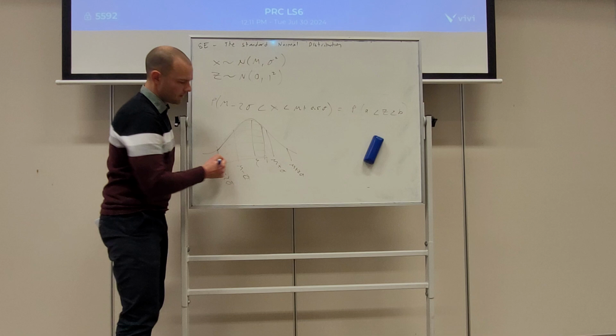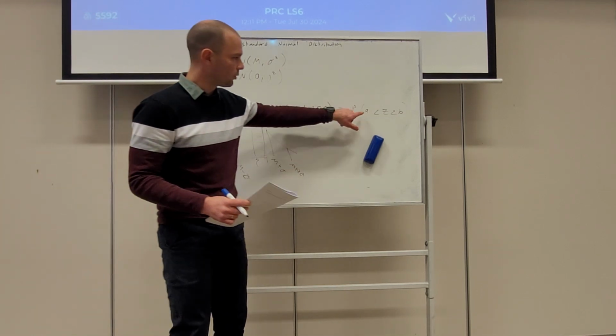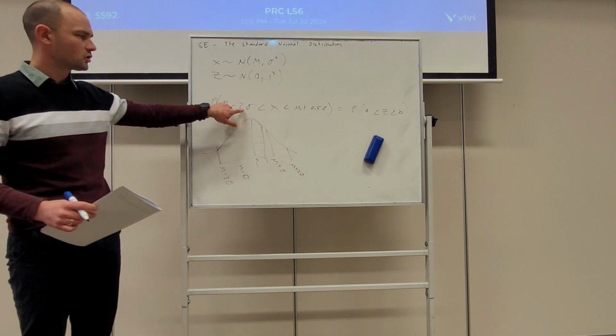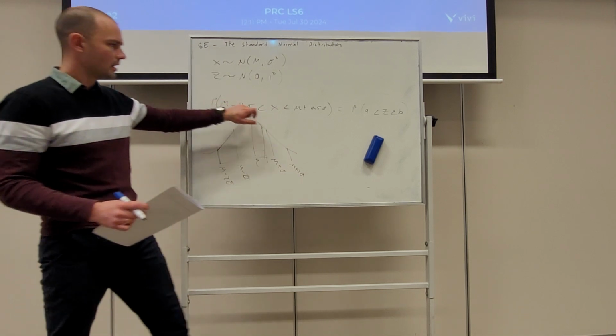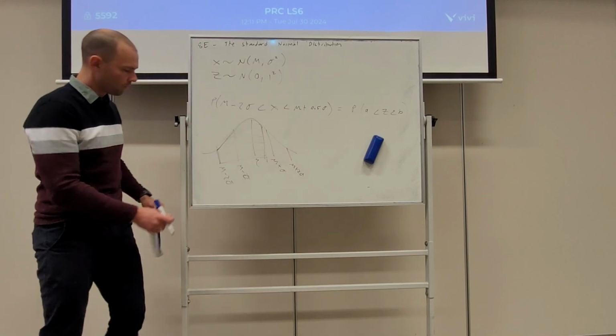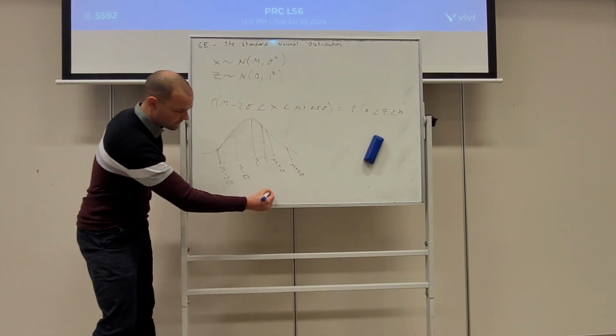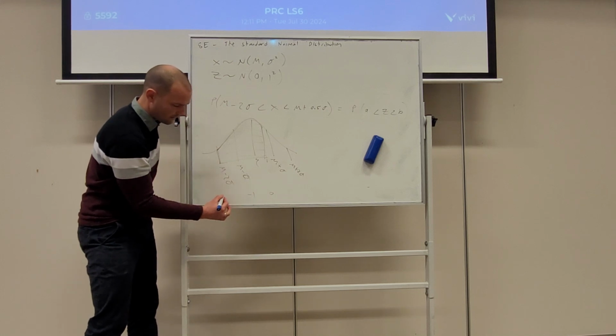Okay, but what it's saying is, what are the corresponding z-scores? What's A, which is 2 standard deviations below the mean, and what's B, which is half a standard deviation above the mean? Well, if we think about the z distribution, it has a mean of 0 and a standard deviation of 1.